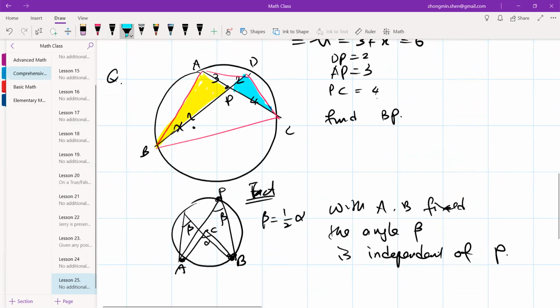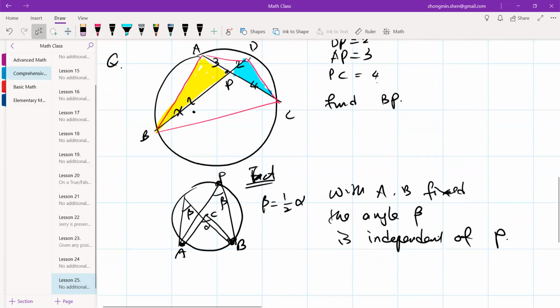How do you see that? Why are they similar? The triangle ABP is similar to the triangle DPC. So B corresponds to C, D corresponds to A. Why? Look at this. This is alpha, the same angle. But the angle at A and at D are also the same.